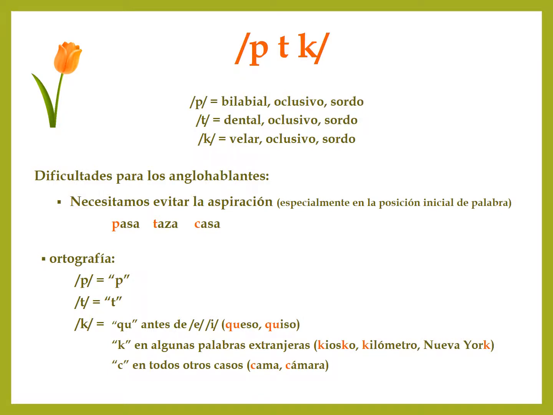Por ejemplo, kiosco o kilómetro o Nueva York. Y en muchos casos es simplemente una repetición de la ortografía del inglés. Y en todos otros casos usamos la letra C para el sonido K, como en cama o cámara.